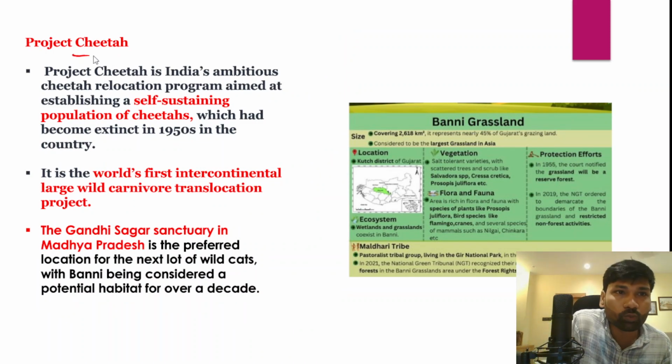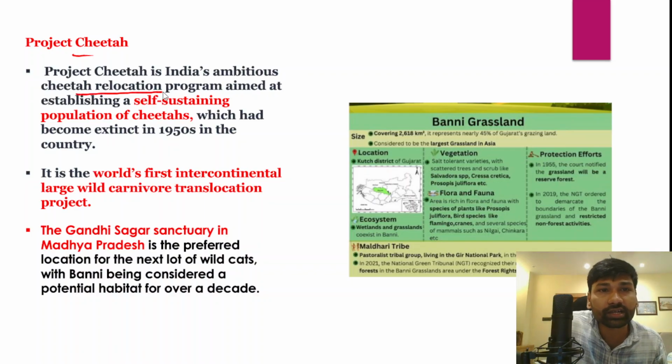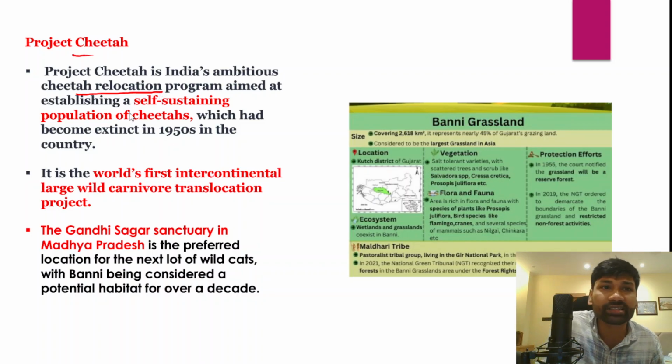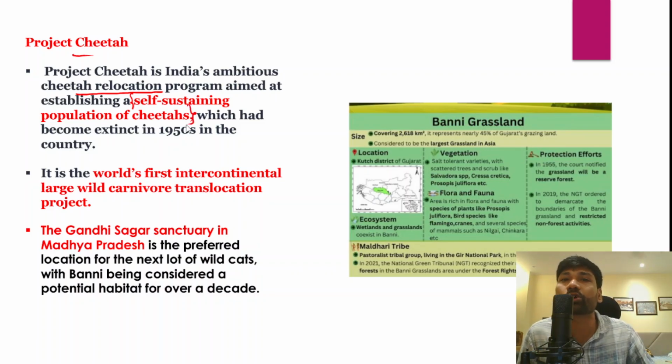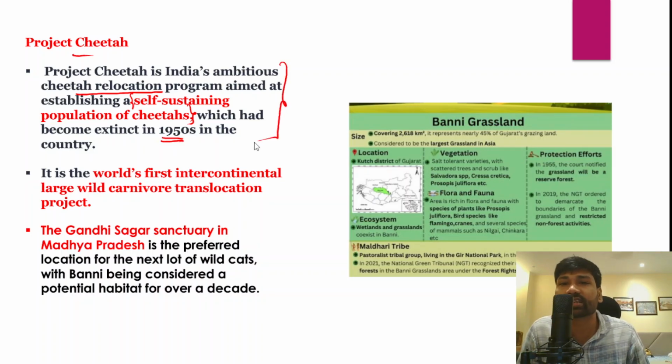So Project Cheetah, what exactly is this Project Cheetah? Project Cheetah is India's ambitious cheetah relocation program, aimed at establishing a self-sustaining population of cheetahs. The Asiatic cheetah used to live in India, but due to hunting and poaching during colonial times, cheetahs went extinct by the 1950s in India.